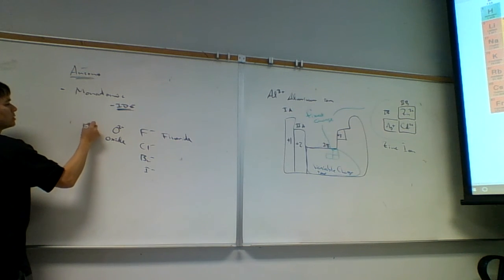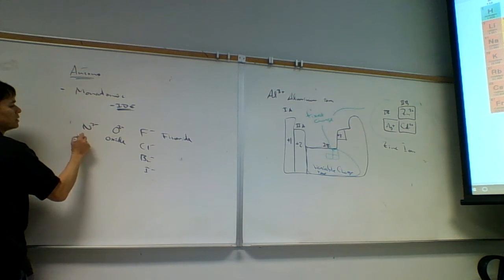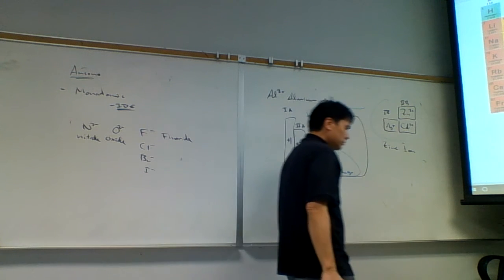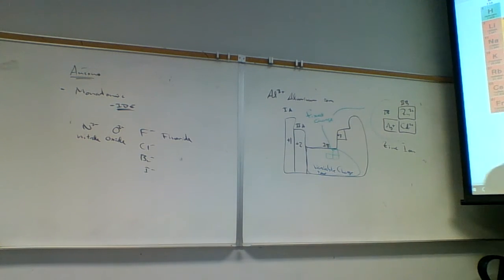Nitrogen has a 3- charge. We call this nitride. So we just change the ending. The charge we can figure out because all these, the halogens, have a -1. And so chloride would have an extra electron. It would have 18 electrons rather than 17, which gives it a negative charge. So it'd have the same number of electrons as argon.